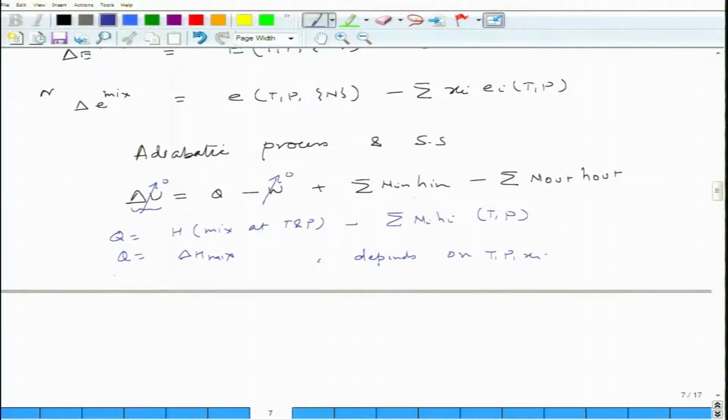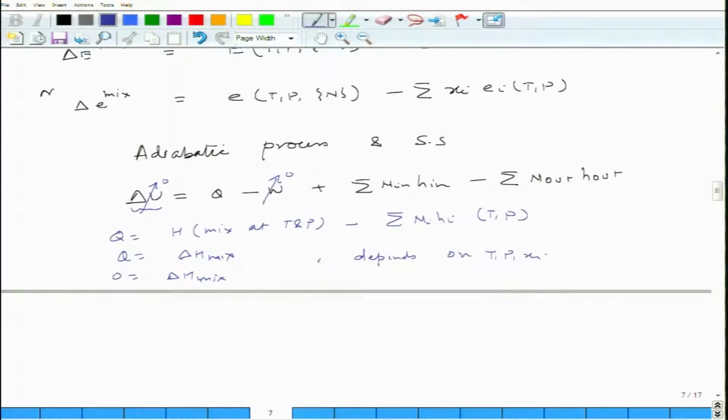So, for adiabatic, of course, this must be 0. What the temperature of the system will be varies with composition, and it will also vary with the system you are considering.